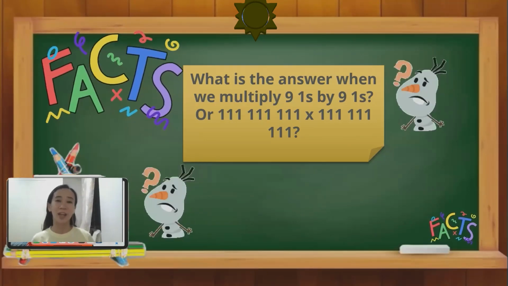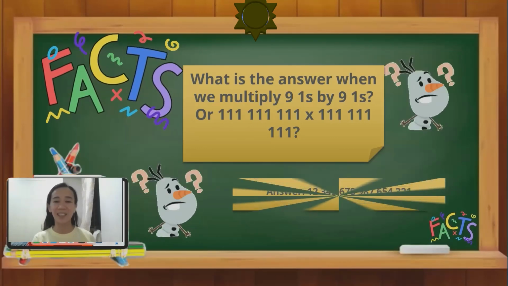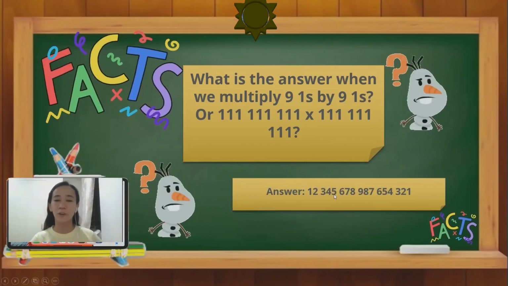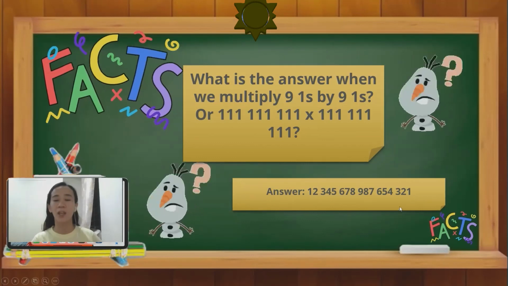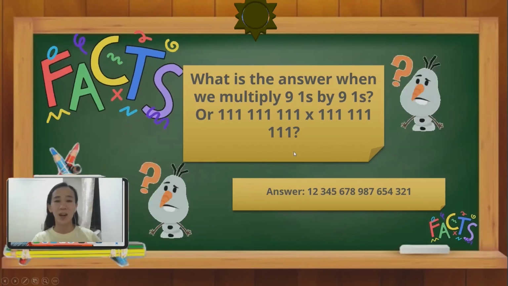Do you already have your answer, Guadans? Fantastic, Guadans! That is the increasing numbers 1, 2, 3, 4, 5, 6, 7, 8, 9, and then decreasing 8, 7, 6, 5, 4, 3, 2, 1. So this is our answer when we multiply 9 ones by 9 ones.